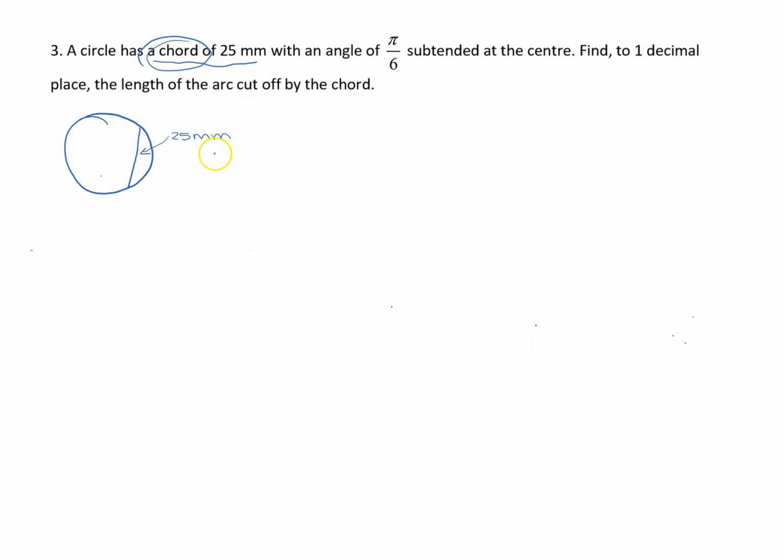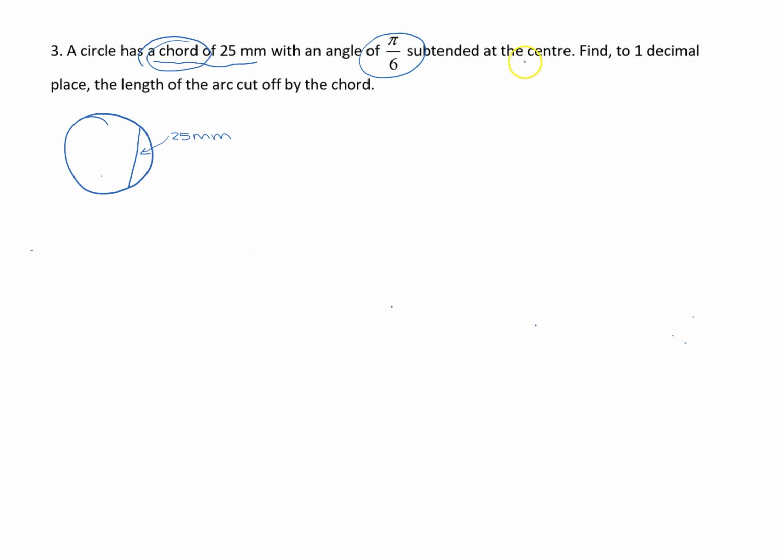Now, like I said, this question is quite different because we haven't had anything to do with a chord in our formulas, especially the formula for calculating arc length. Let's continue on, see what else it's giving us. With an angle of pi on 6 subtended at the centre.